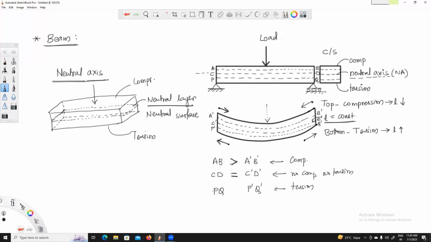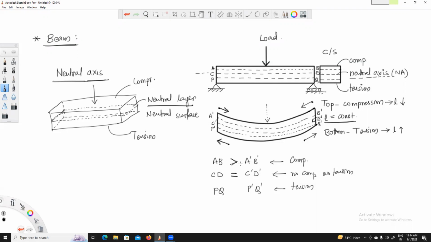And if you look at the PQ fiber, it is under tension because it is below the neutral axis. All fibers below the neutral axis are now under tension, and all fibers above the neutral axis are under compression. The neutral axis is not under compression and not under tension, so its length will remain constant.